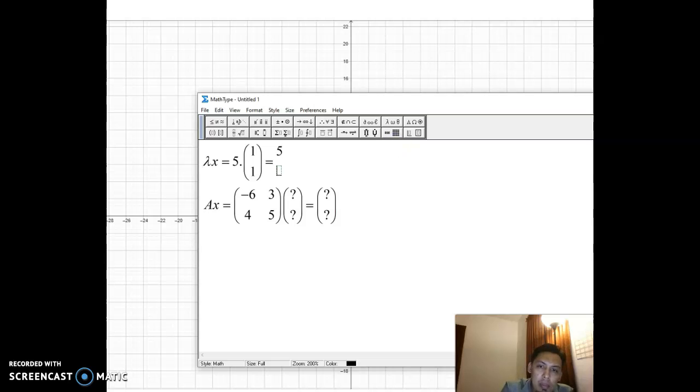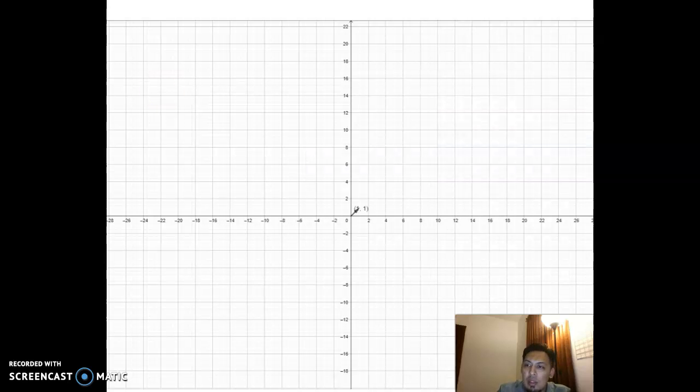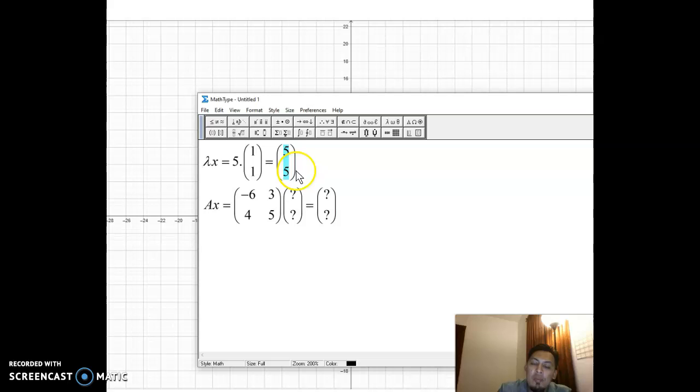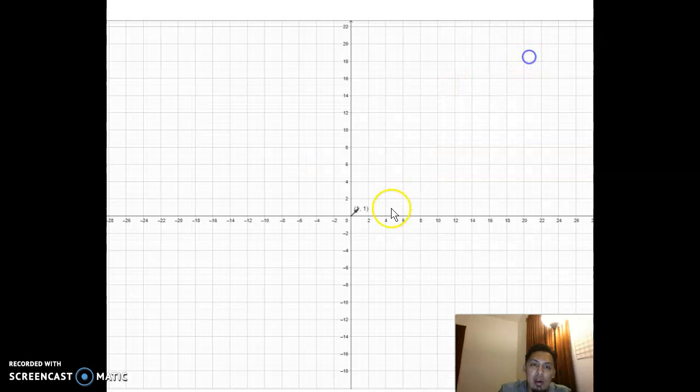And based on the graph, we're able to see that it is actually expanding the line, from 1 1 to 5 5. It is just one constant value. Then we're able to just multiply and find the value, and if we look at it graphically, we'll know that 5 5 is along this line.